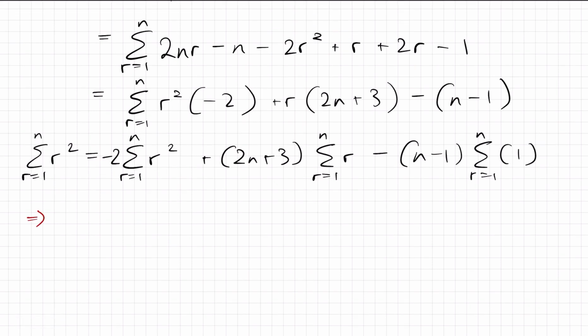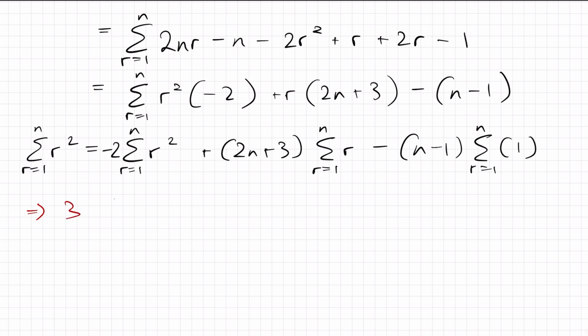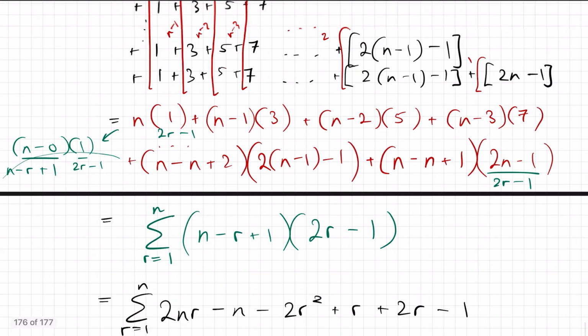So I'm going to use an old trick of just moving this over, and this gives us 3 times the sum we're looking for, and that's simply equal to whatever these are. So now we can use the formula we know from earlier.